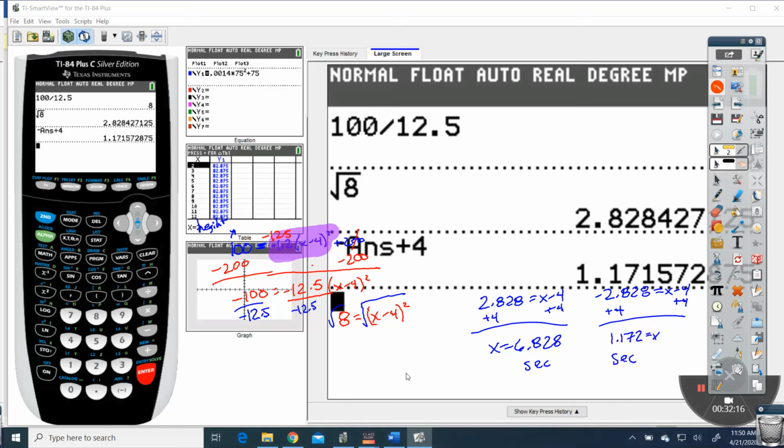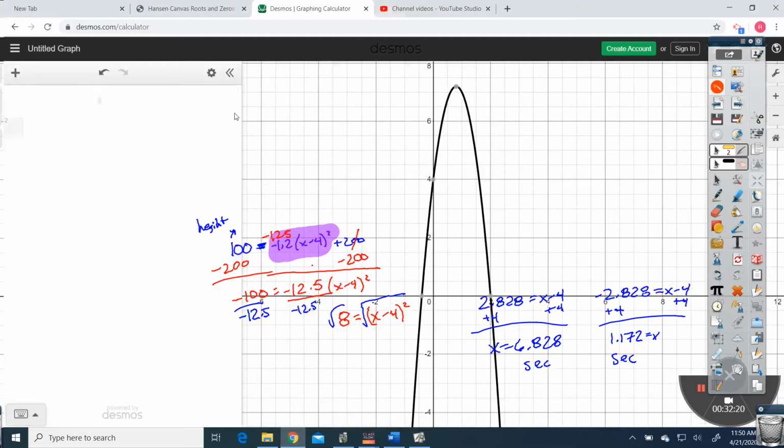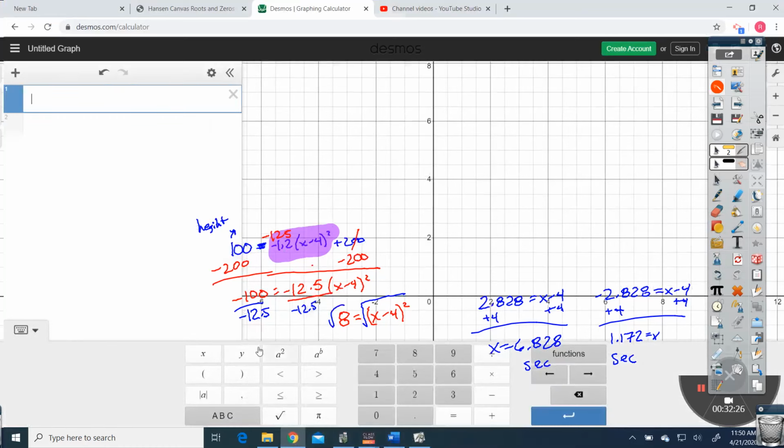We can go to our Desmos and graph it as well. So if I come to here and I just type that in, I have negative 12.5 parentheses x minus 4 parentheses squared plus 200.